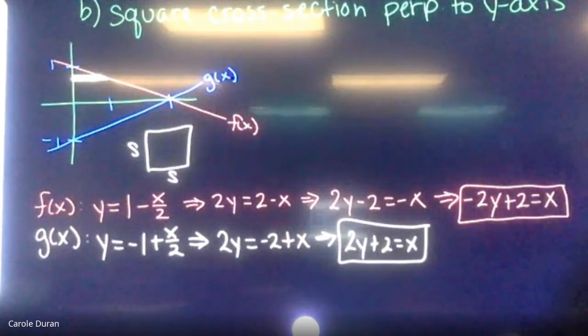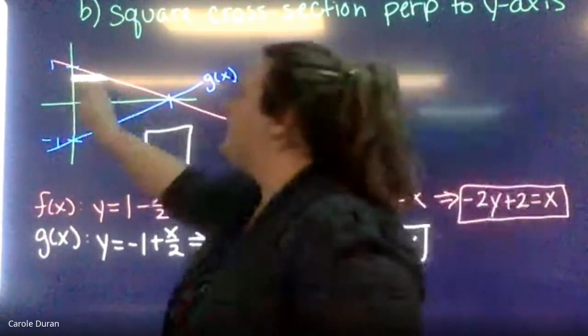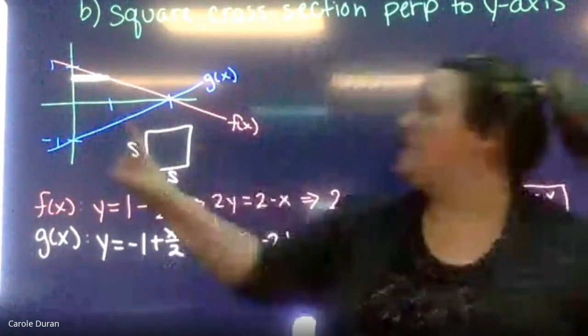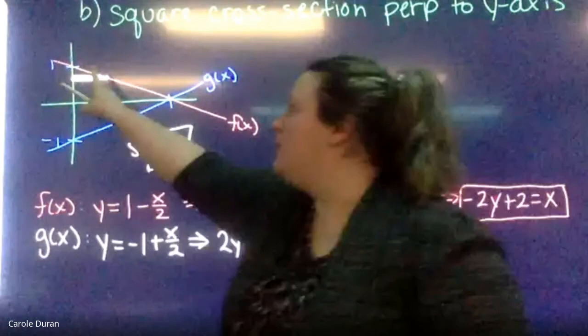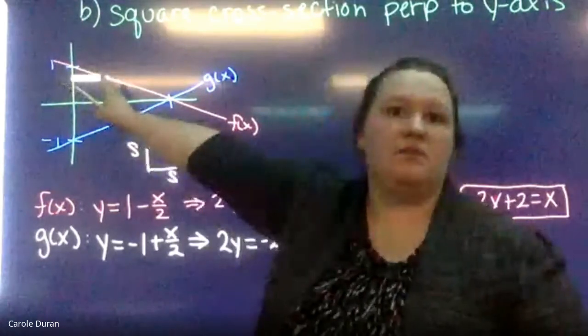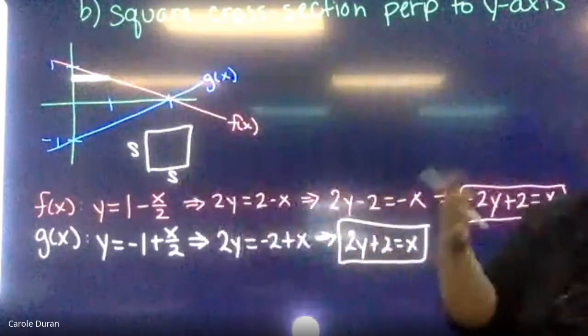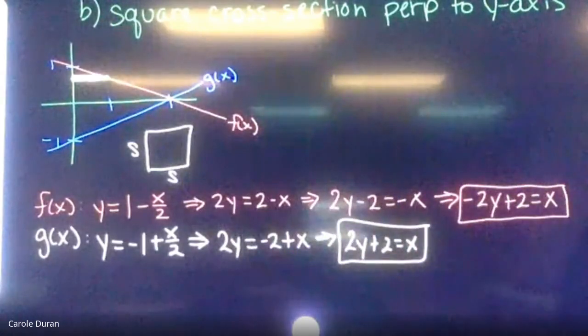Okay. Triangle. If I took this cross section, its height or its length is going to be from x equals 0 to x equals that, correct? We see that? It's just that distance across, which means it's just the x value at any given y value.